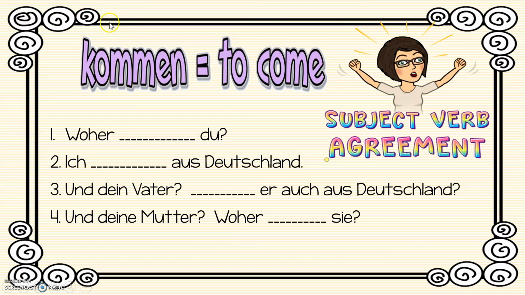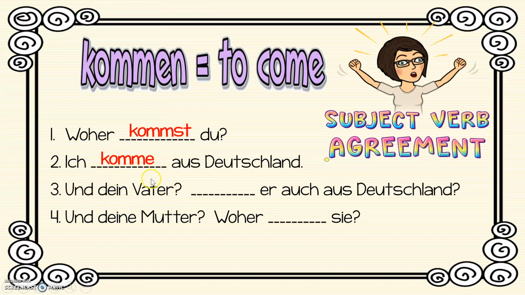Kommen, the infinitive verb to come. Where do you come from? Woher kommst du? Remember dust, D-U-S-T. I come from Germany. Ich takes E. Ich komme aus Deutschland. And your father?